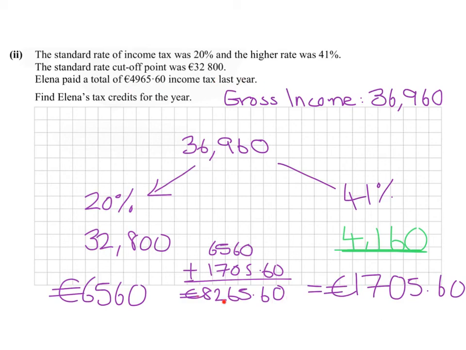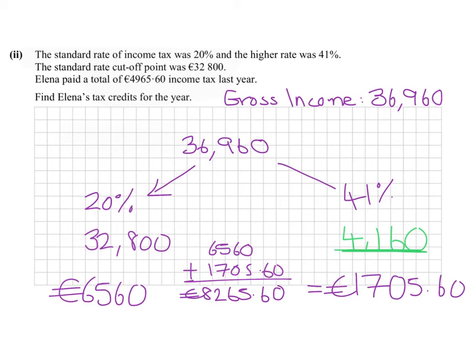So here it's saying what her gross tax is, but she only ended up paying that amount, which meant she had a certain number of tax credits. So to find what her tax credits are, we take this total away from her gross tax, and that will leave us with how much she has paid in tax credits for the year.